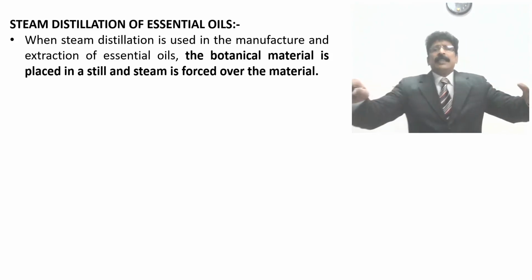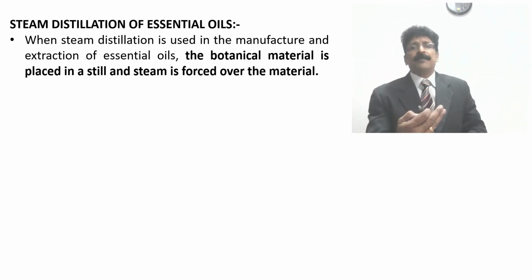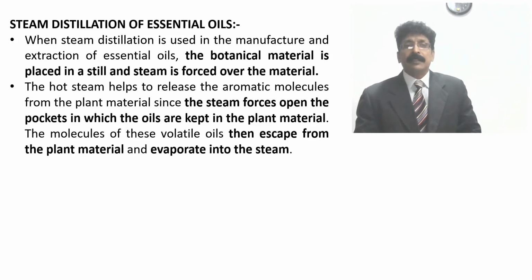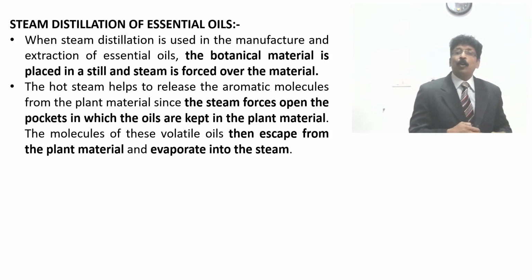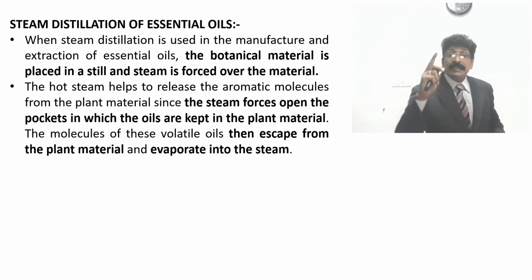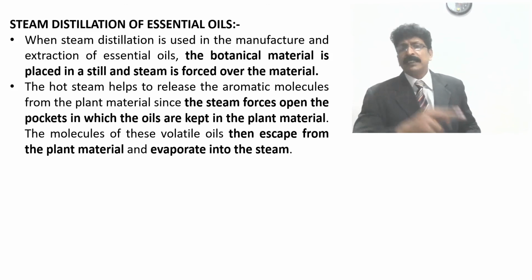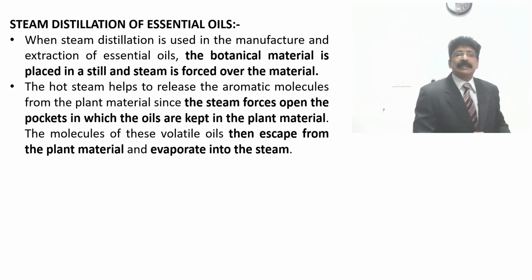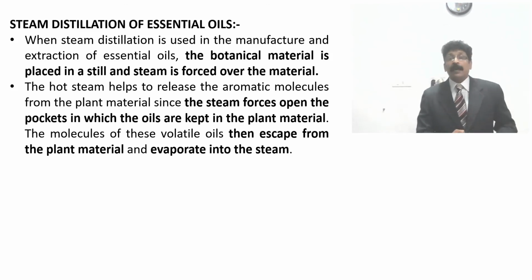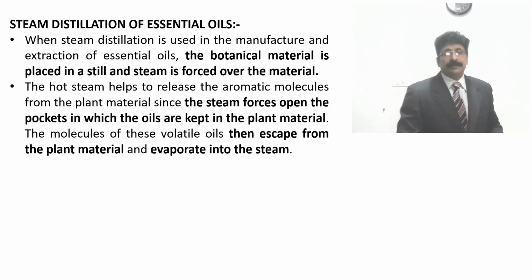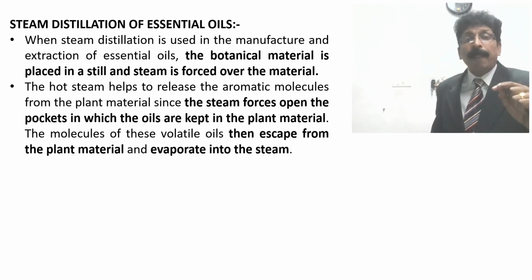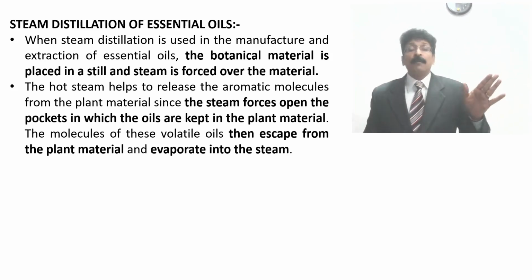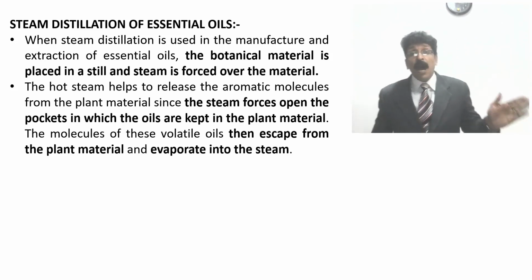Steam will be passed through it, forced over the material. The hot steam helps to release the aromatic molecules from the plant material, since the steam forces upon the packets in which the oil is kept in the plant material. The molecules of this volatile oil then escape from the plant material and evaporate into the steam.